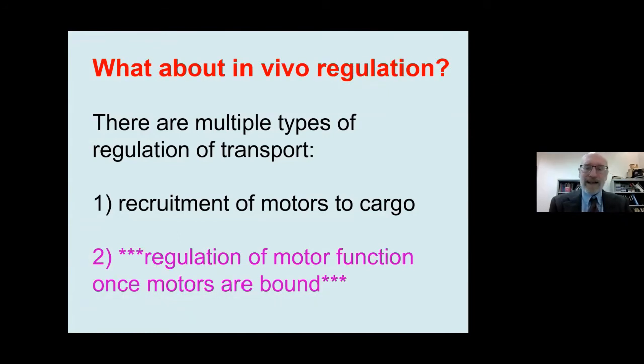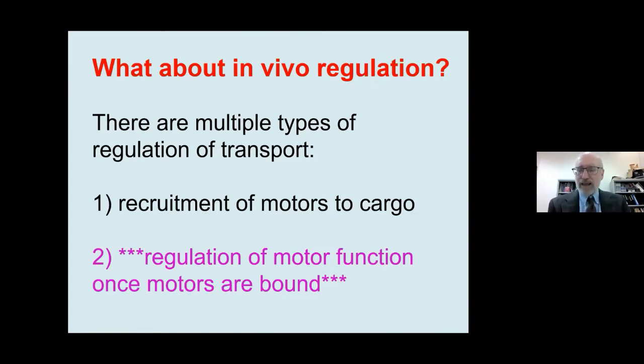But as I started looking at cargoes, especially cargoes that move bidirectionally, reversing course, moving plus end and then minus end and then plus end and minus end, I started thinking that probably there was a lot of regulation of motor function once the motors were bound to the cargo. And we looked a lot at these bidirectionally moving cargoes.